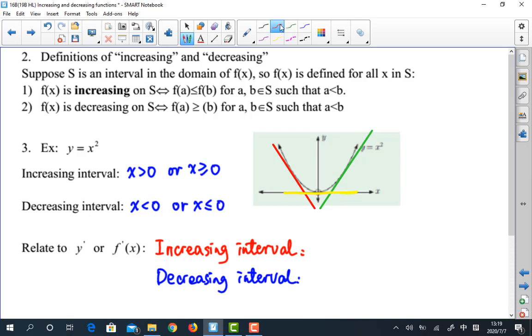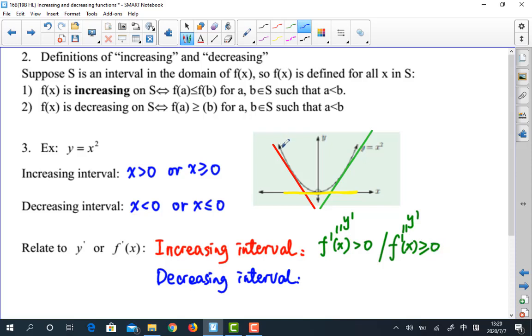So f prime x is greater than 0, or you can say f prime x is greater than or equal to 0. The f prime x is the same as y prime, okay? So y prime is greater than 0 or y prime is greater than or equal to 0.